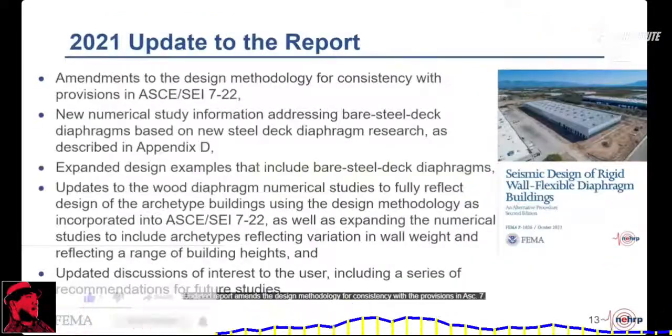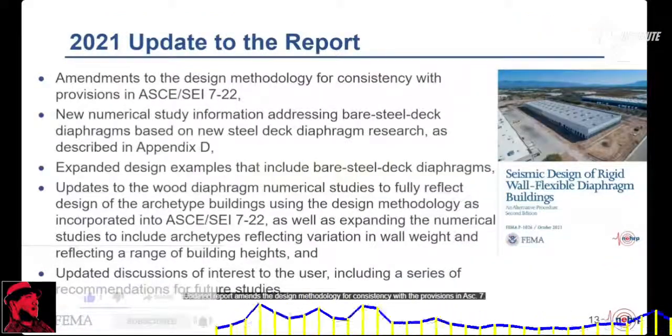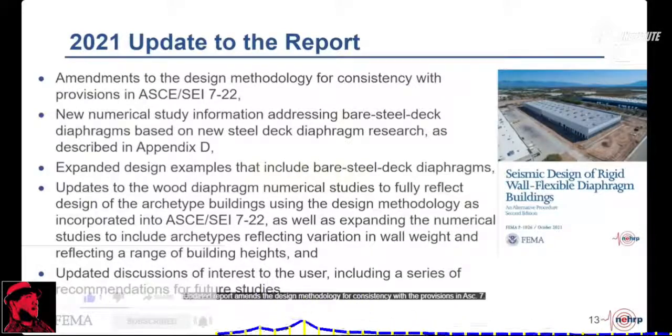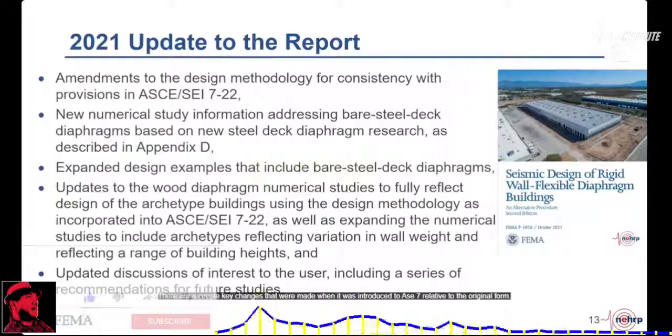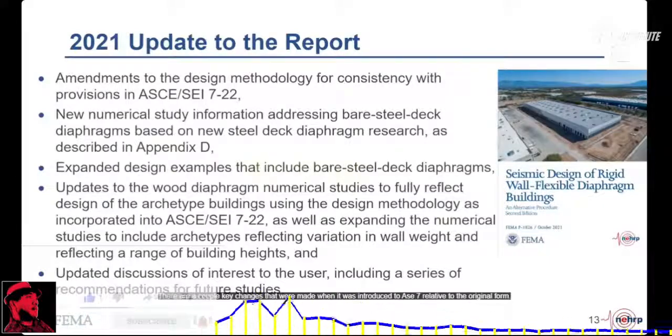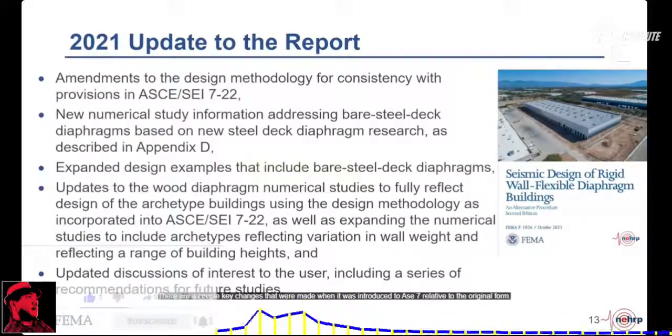The updated report amends the design methodology for consistency with the provisions in ASCE 7. There are a couple of key changes that were made when it was introduced to ASCE 7 relative to the original form.